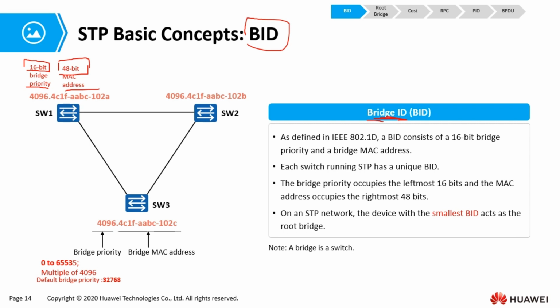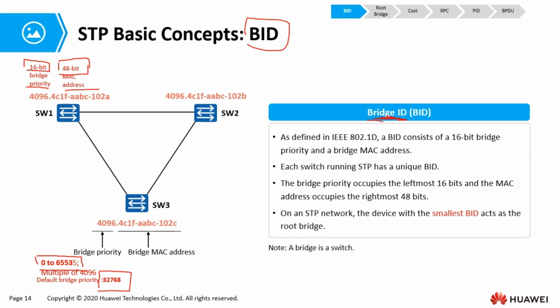Okay, so the bridge priority, basically you can configure a number starting from 0 to 65536, and the default bridge priority is 32768. So this one you also need to remember.